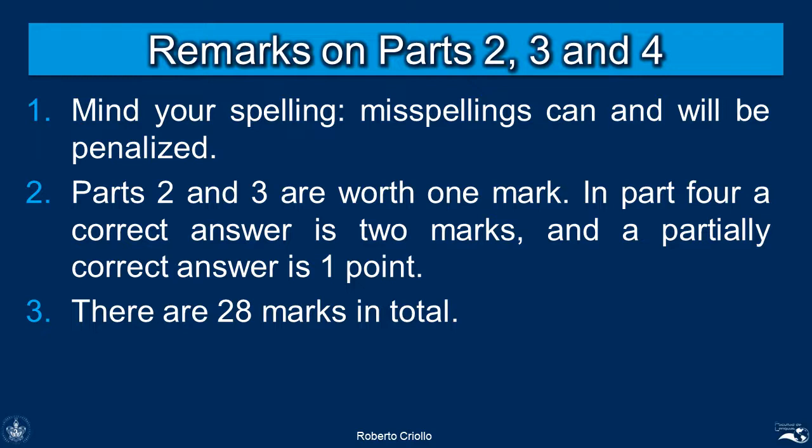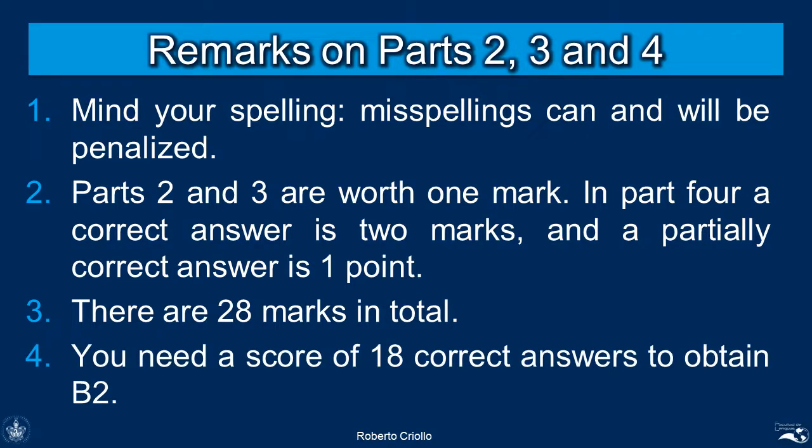So I want you to pay attention to this, because you have lots of opportunities to get the B2, because you can miss 10 points and still be a B2. And of course, if you have all of the answers correct, you will not have a B2, but you will have a C2, and this will give you the opportunity to get a lower score in another part of the test and still get the B2.